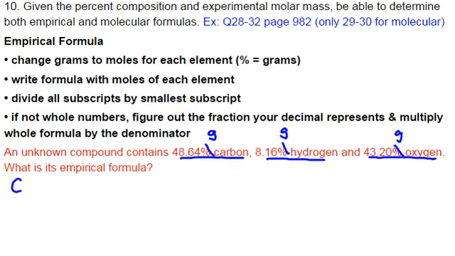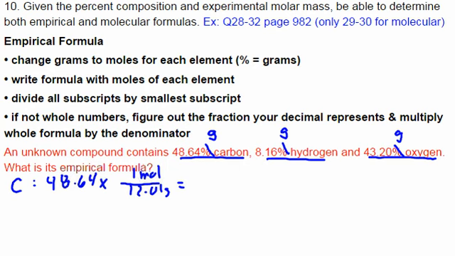So I've got carbon at 48.64 grams, and I know 1 mole of carbon weighs 12.01 grams. So that means we're really talking about around 4 moles here. 48.64 divided by 12.01.